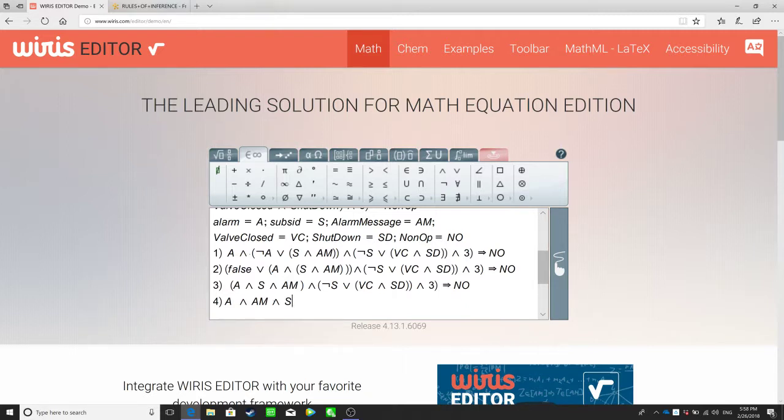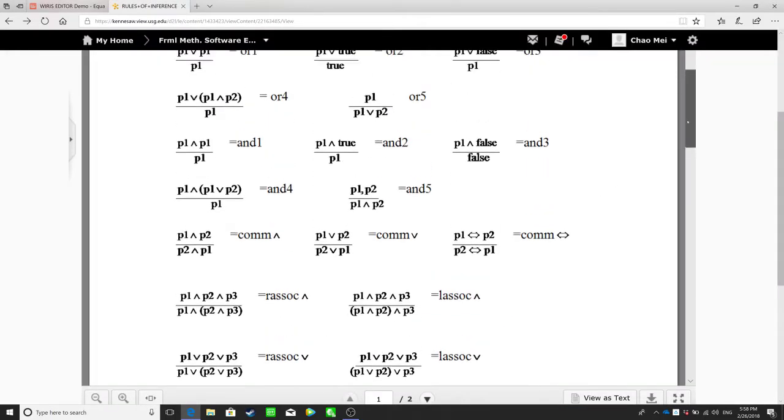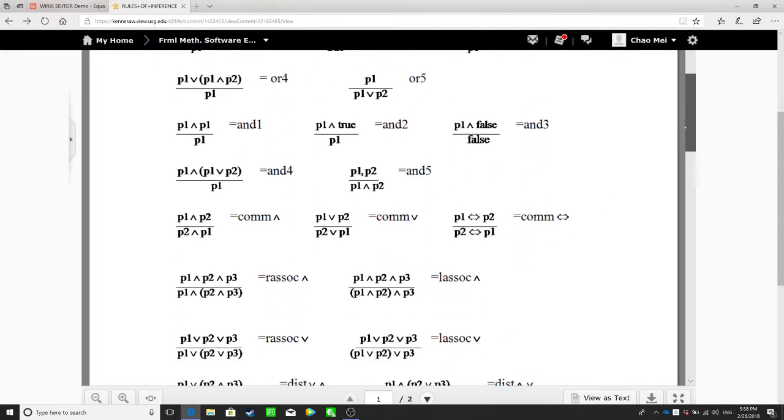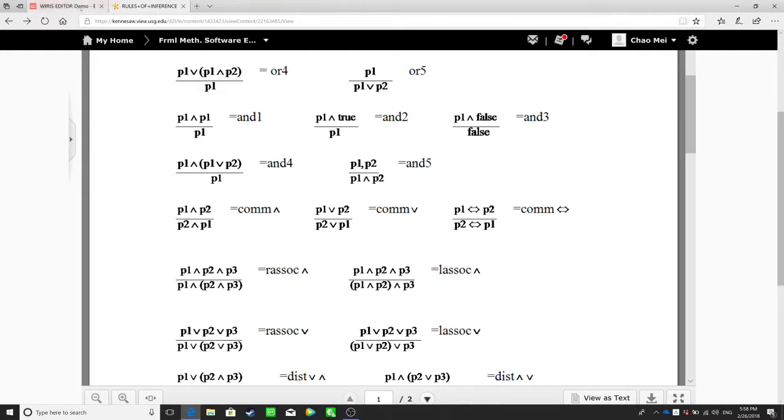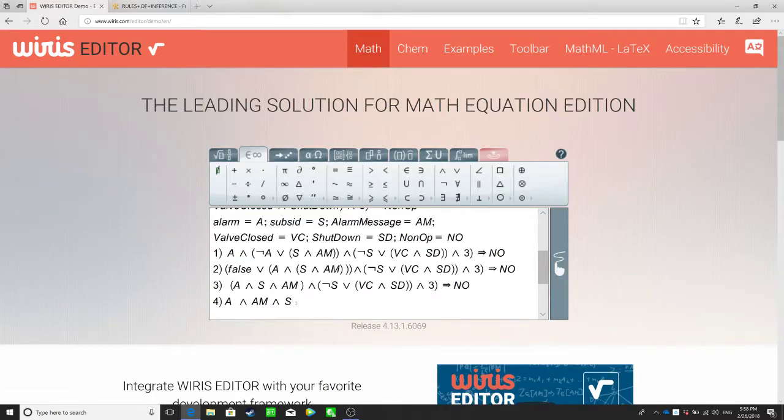According to the rule. I forgot what the name is, but some rule, commutation, something.